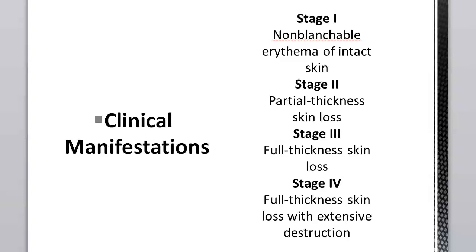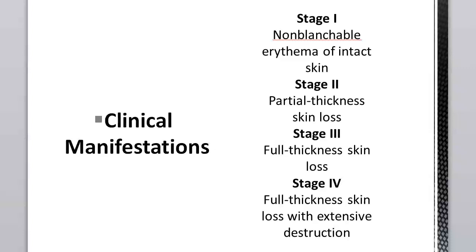Stage 1 is when the patient starts to experience non-blanchable erythema of intact skin, and now you see the skin gets to be a little bit white, and usually these areas happen over a bony prominence, and sometimes it's hard to see initially if you're not really looking for it, especially in patients with darkly pigmented skin.